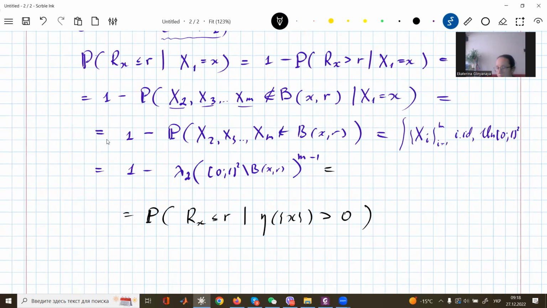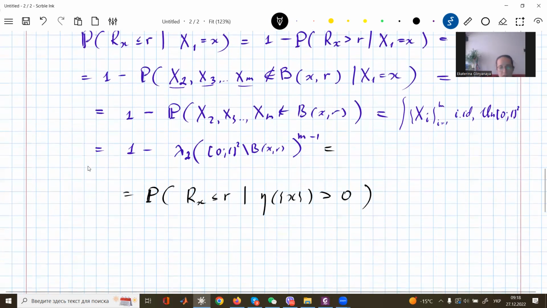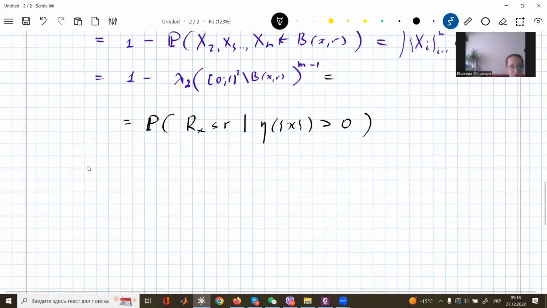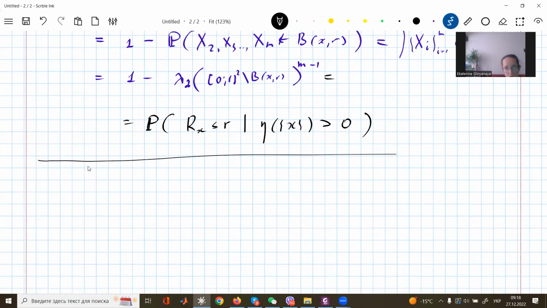Let's consider another example with a stationary point process, because for a stationary point process, we do not need to find the answer for every point x, but we can find the answer under the condition that we have a point in 0.